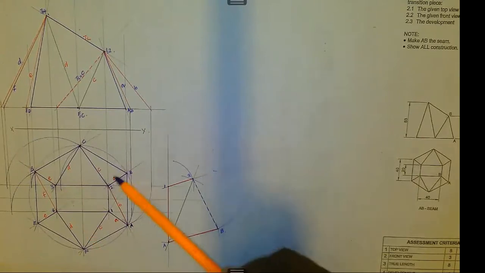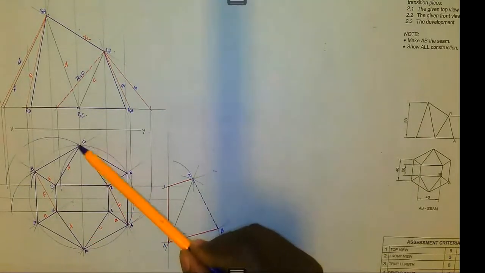Then the next one that we want to find, we have got point 2, we have got point B, we need to get point C. Then from C, we get point 3, okay? Because we need this line first in order to connect with the bottom one.